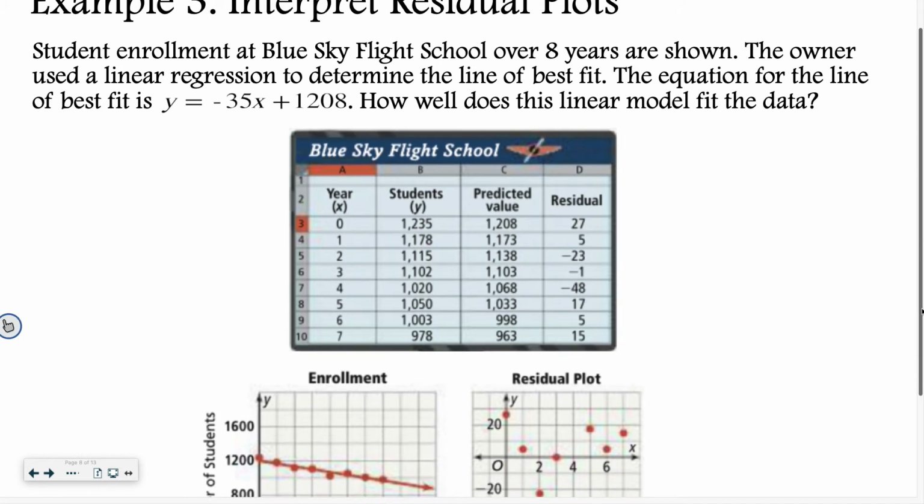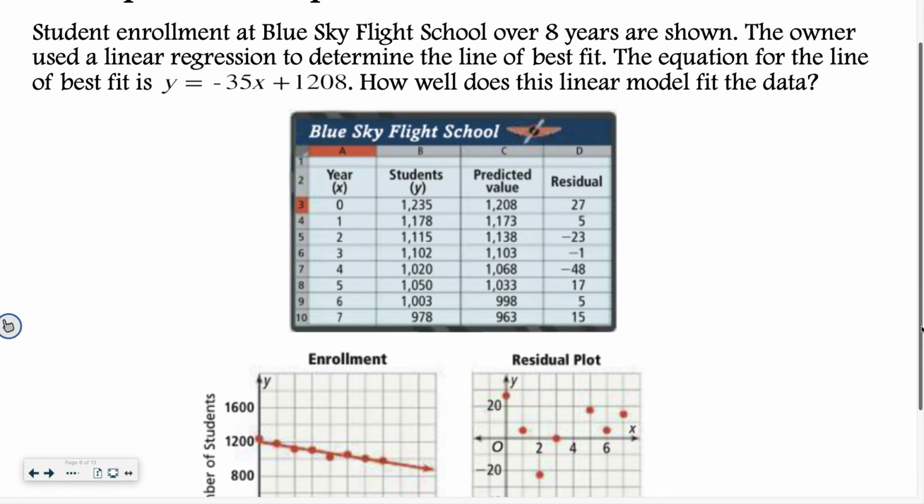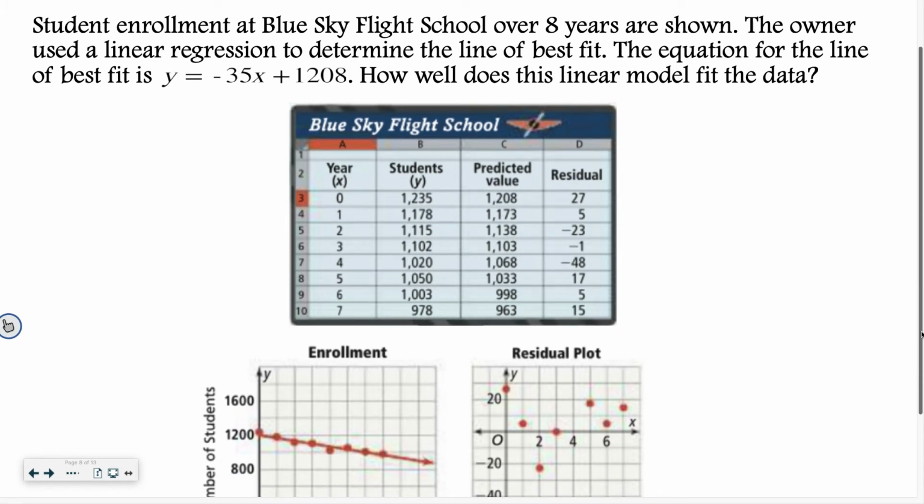So whenever you're trying to figure out how well the linear model fits the data, you're going to use a residual graph. So what they did in this table is they have their x values, their y values, and then they used their linear equation to get our predicted value.